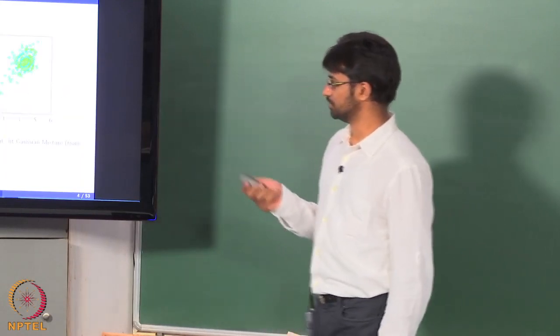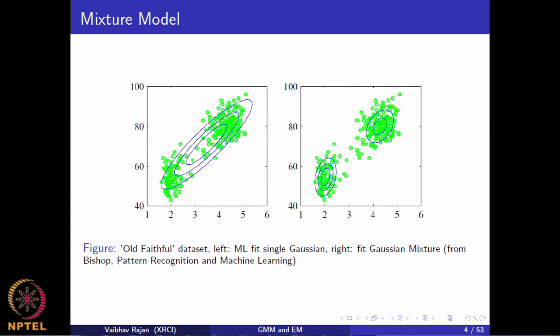We saw some examples of how to fit Gaussian mixture models. We saw that Gaussian mixture models are good models when there is a naturally clustered structure in the data, so that each of those clusters can be nicely fitted with a Gaussian.